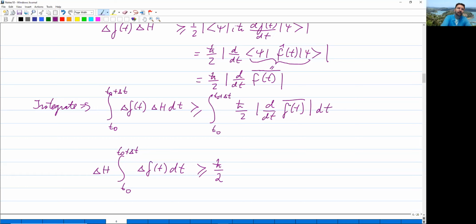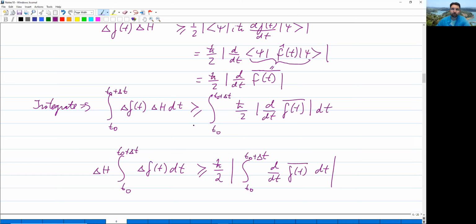But remember that this is certainly larger than if we put the absolute values over here. So therefore, our inequality is certainly also obeyed if we put the absolute value symbols over here: the integral from t naught to t naught plus delta t, and then d by dt of f of t bar, dt, right?